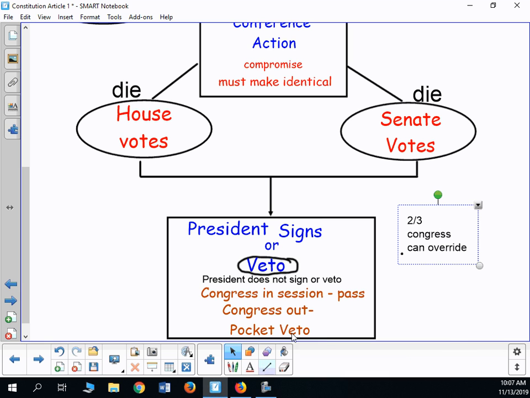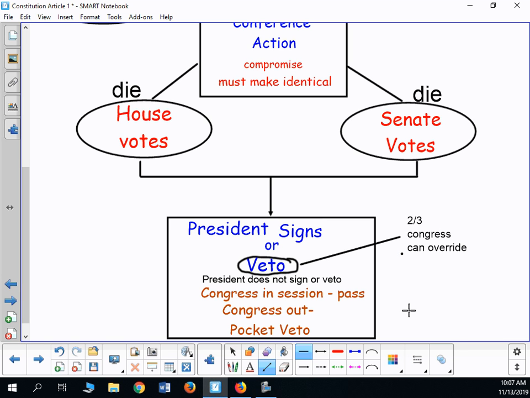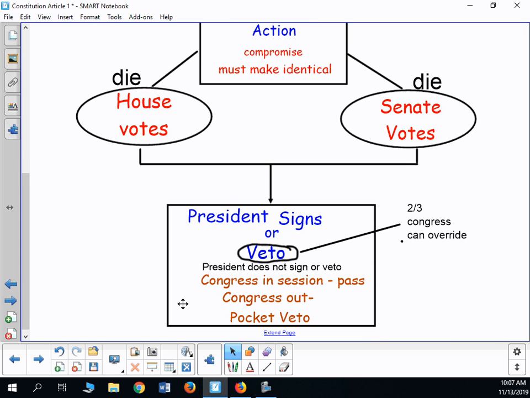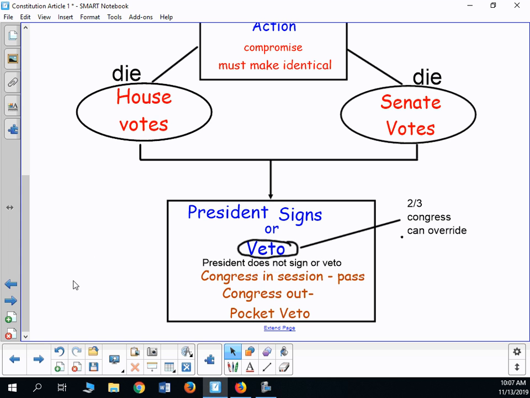So don't forget that. That's important. Two-thirds of Congress can override a veto. Hopefully that makes perfect sense, and we will continue on.